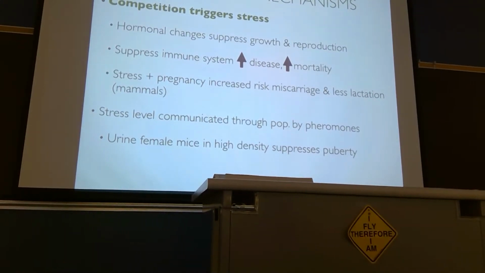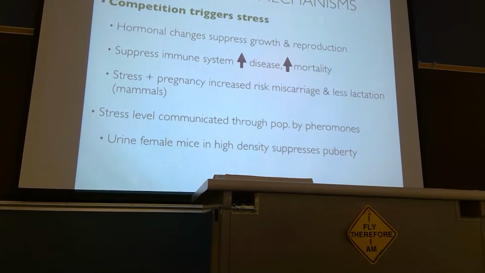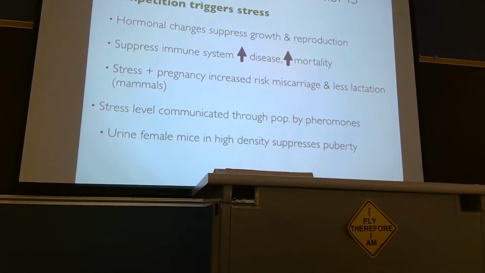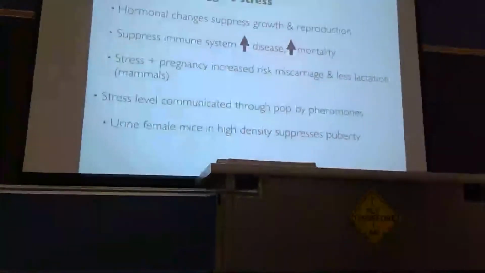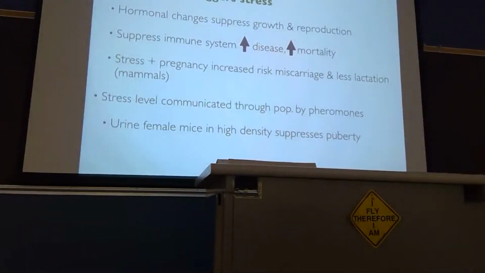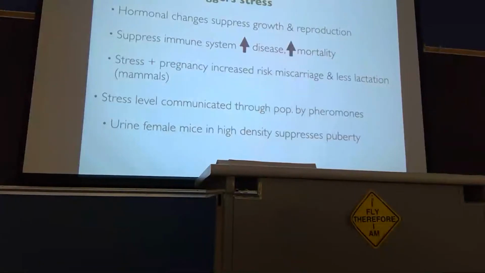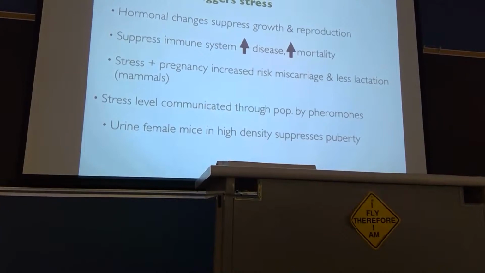When you're in a stressful situation, we have hormones that actively suppress growth and reproduction because you need to be putting resources into responding to the stress rather than growing and reproducing. And these hormonal changes on a physiological individual basis cause reduced growth and reduced reproductive effort, with those consequences we just talked about.